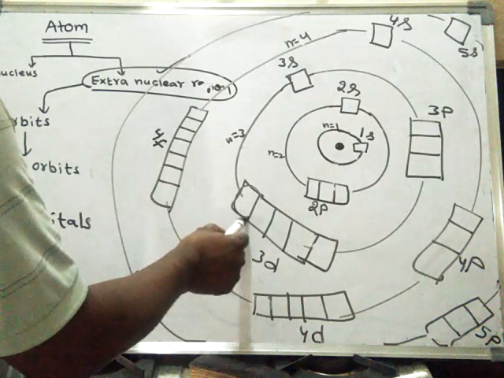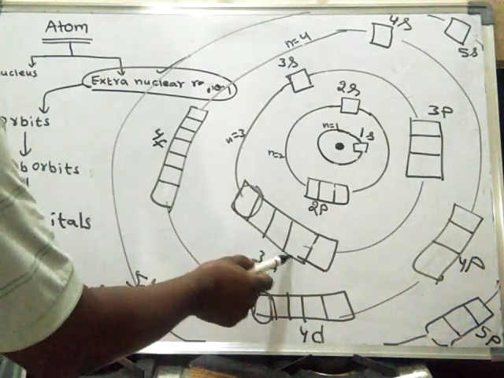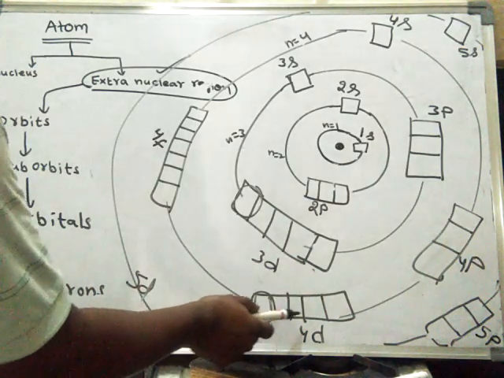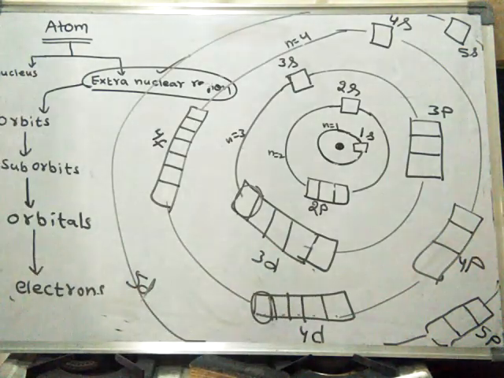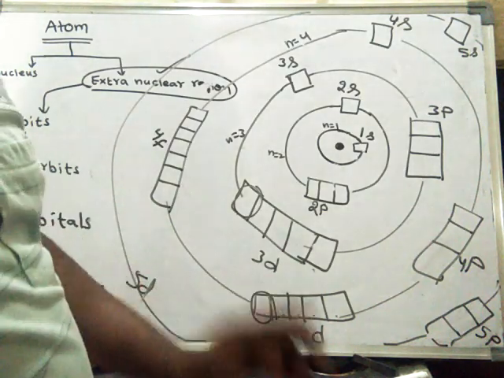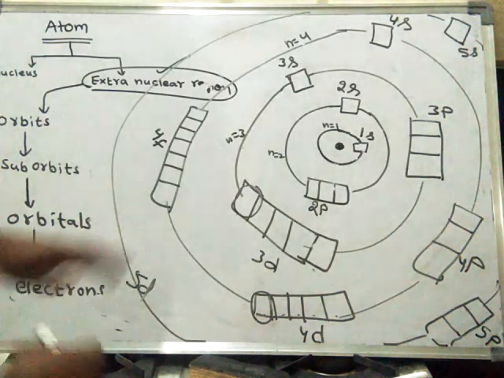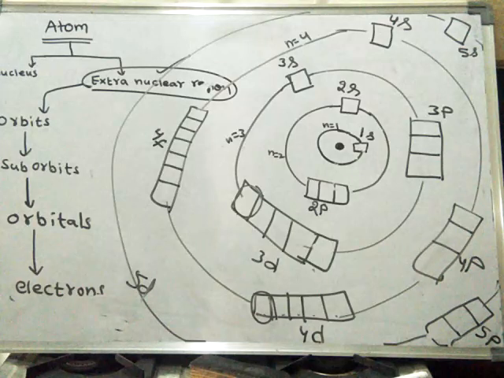So any d subshell contains 5 orbitals. So this is the way orbitals are represented in an atom.